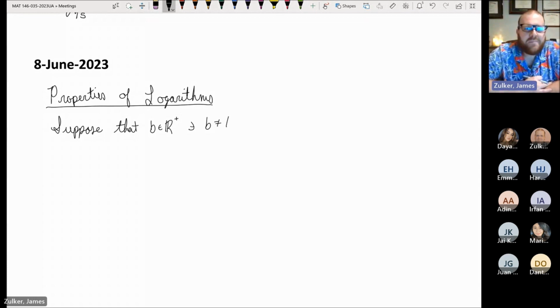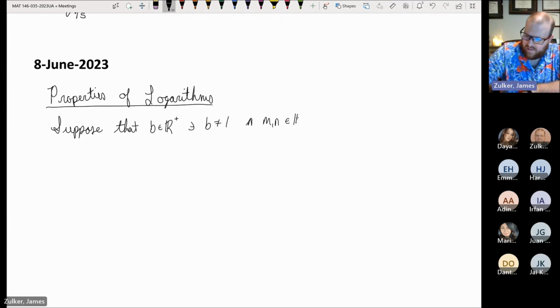So we're going to say b is a positive real number not equal to 1, and then m and n are any positive real numbers.